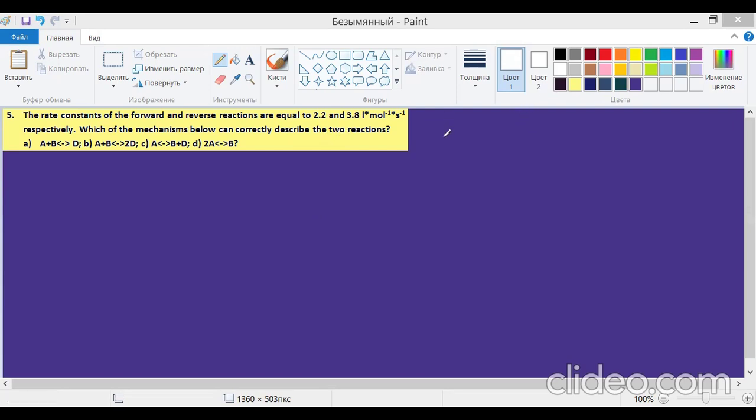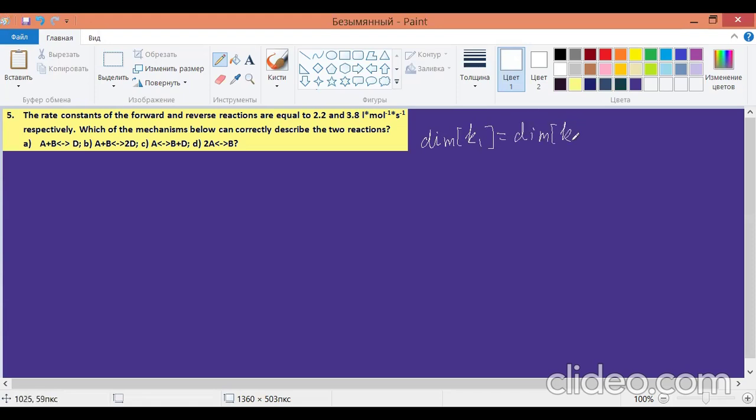Let me write it. So the dimension of k1 is identical to the dimension of k minus 1, where the subscript minus 1 means we are talking about the reverse reaction, and it is equal to 1 liter per mole per second, right?